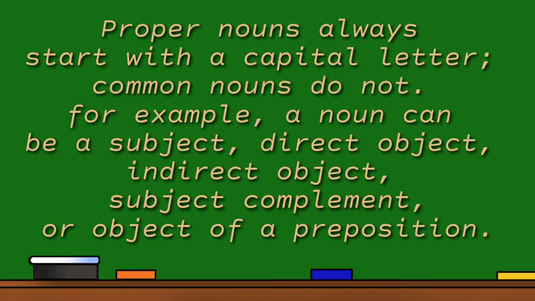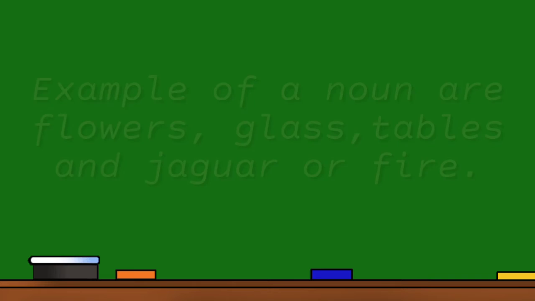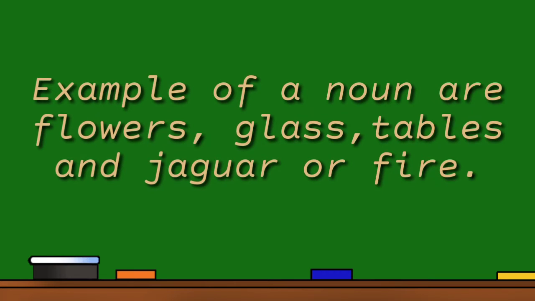A noun can be a subject, direct object, indirect object, subject complement, or object of a preposition. Examples of a noun are flowers, glass, table, jaguar, or fire.